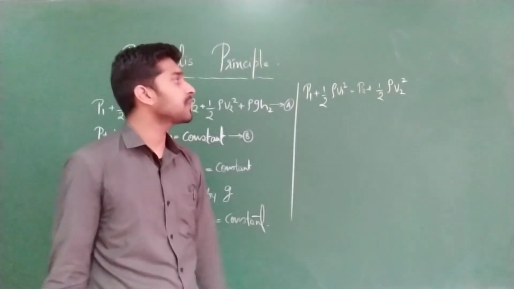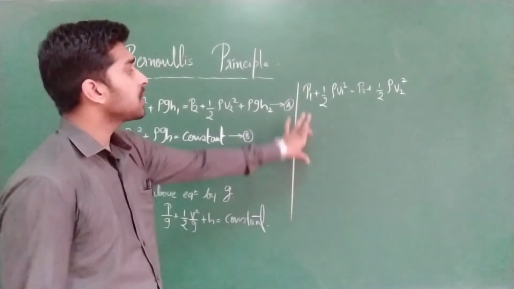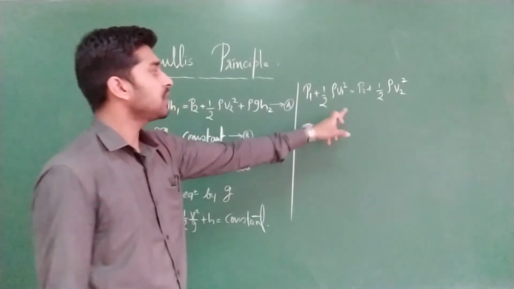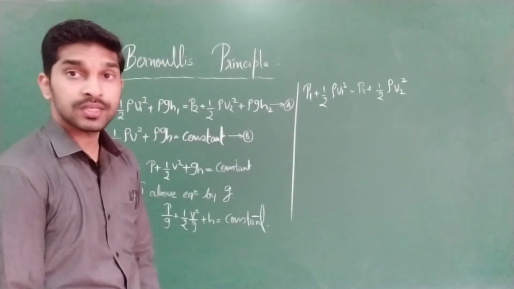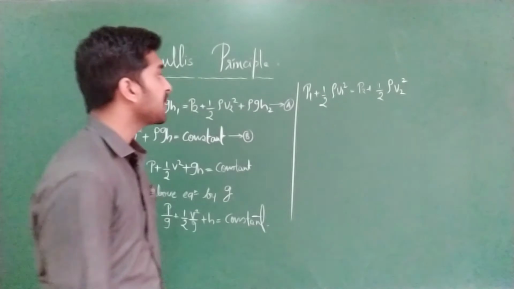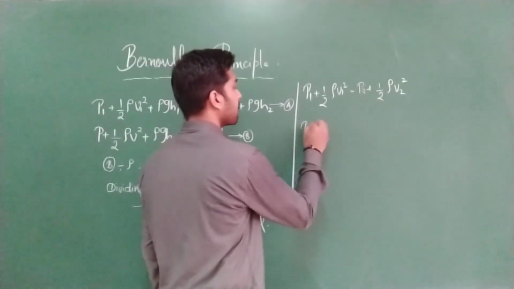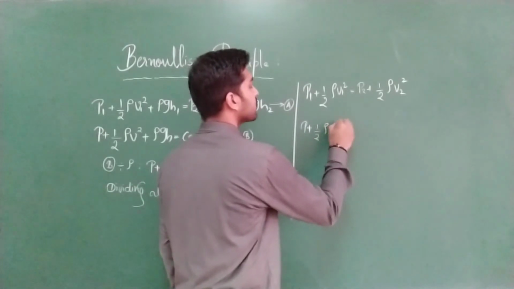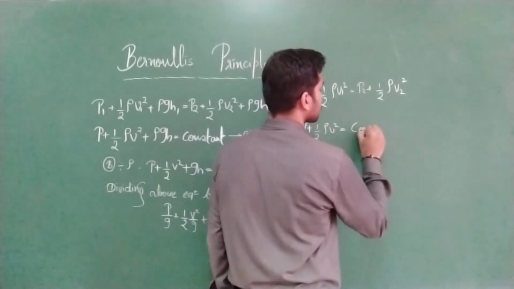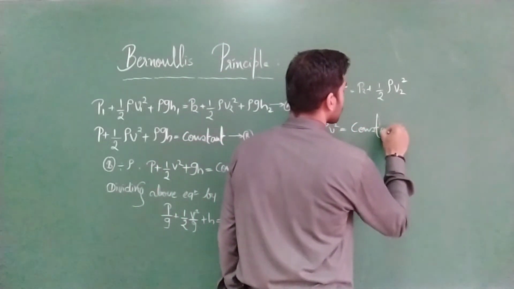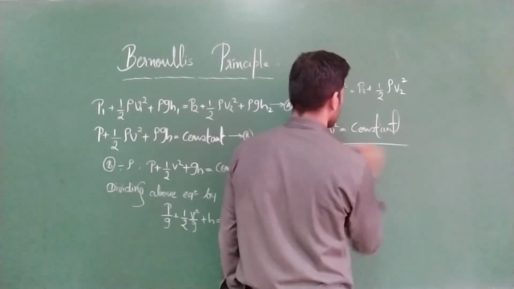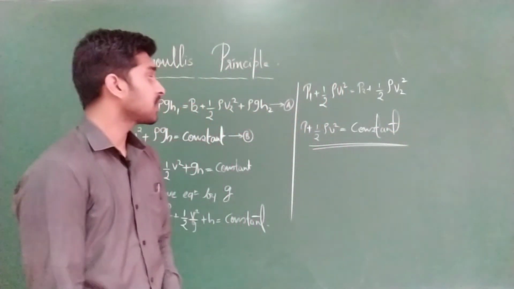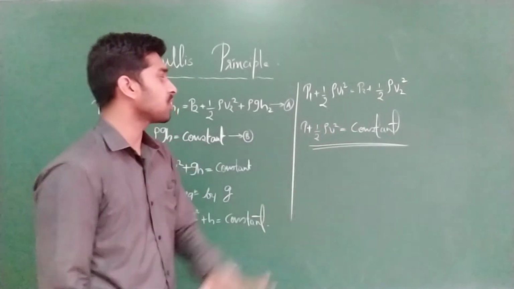How can I write this complete term by removing these coefficients 1, 1, 2, 2? Generally, how can I write it? P plus half rho V square is equal to what? Constant. Very important one. Clear? P plus half rho V square is equal to constant.